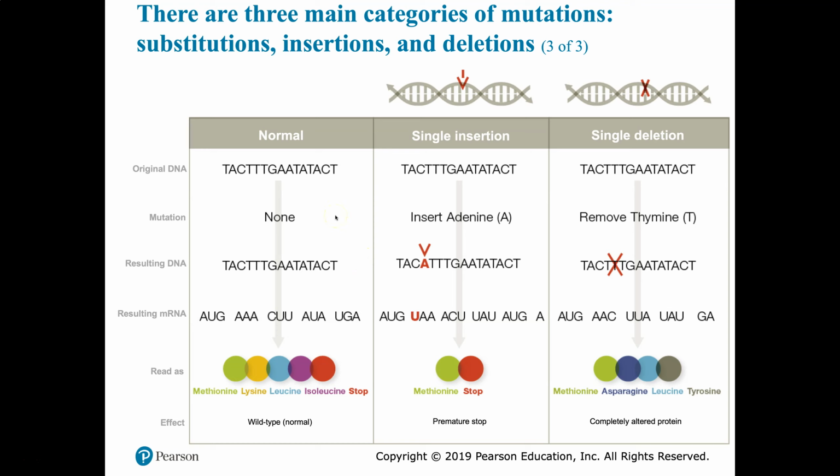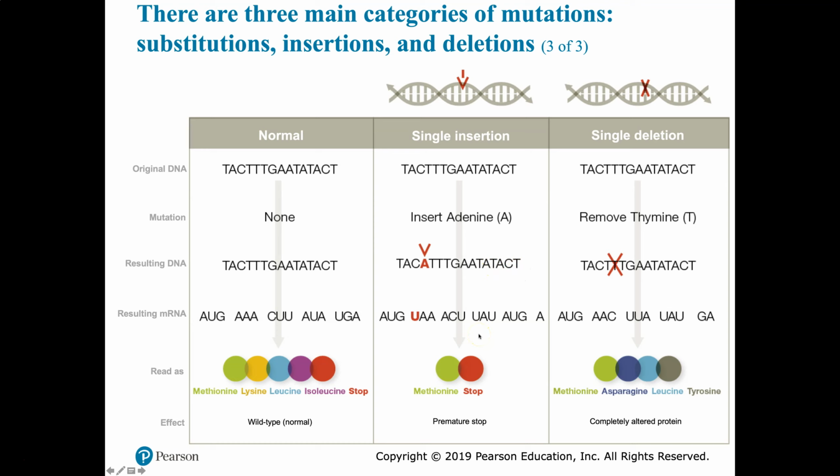But now the problem becomes we read the sequences very differently. We read the beginning, TAC is the same, but now everything else after that will potentially be different. So now it's ATT, TGA, ATA, TACT.